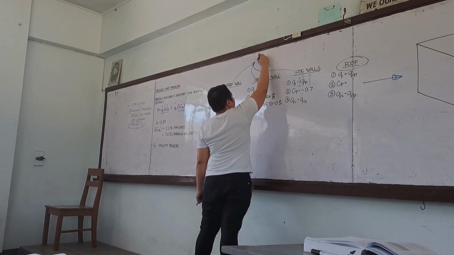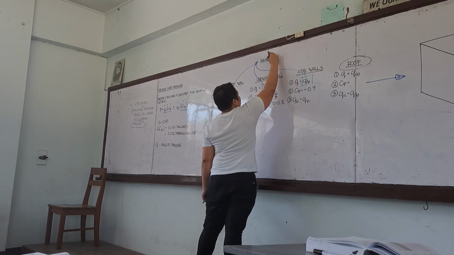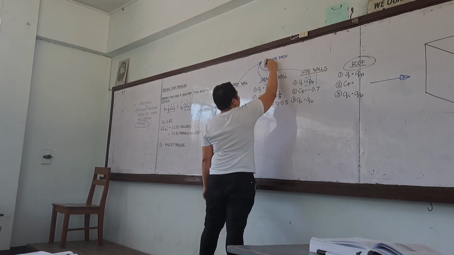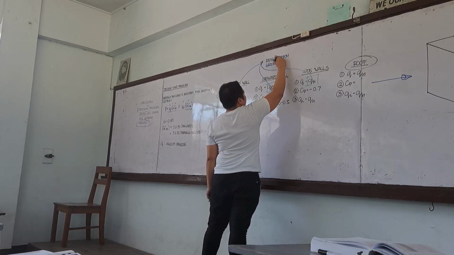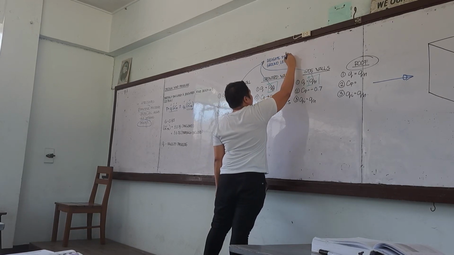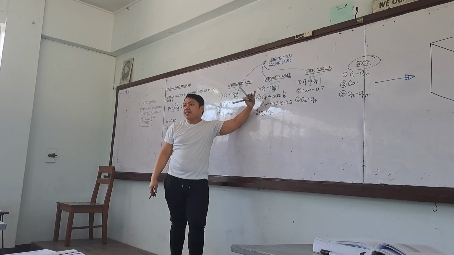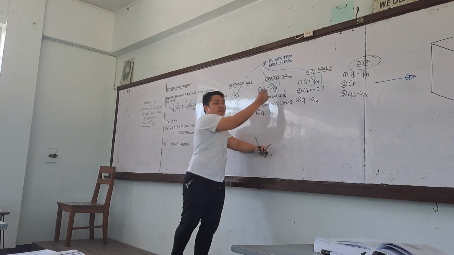These are the heights from ground level. For our leeward wall, what is used is fixed, the Kz which is from the mean roof height.